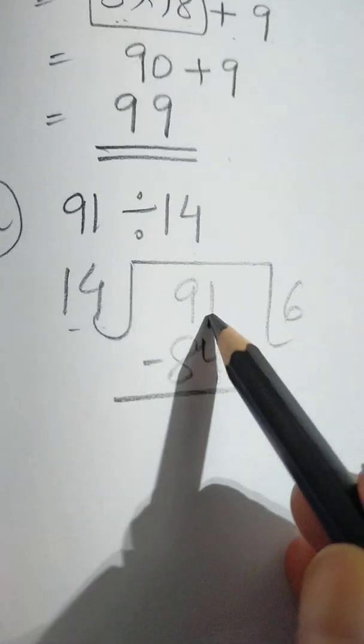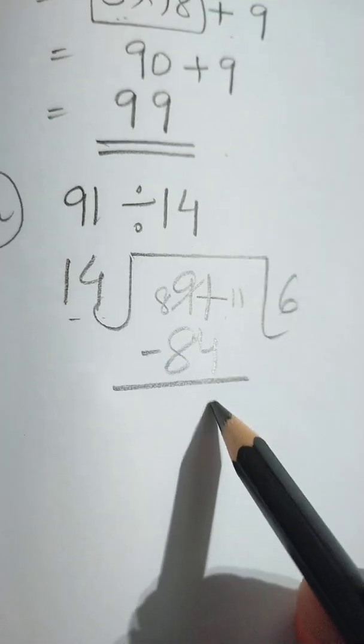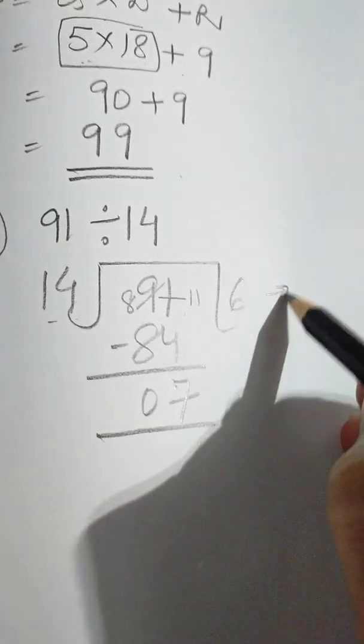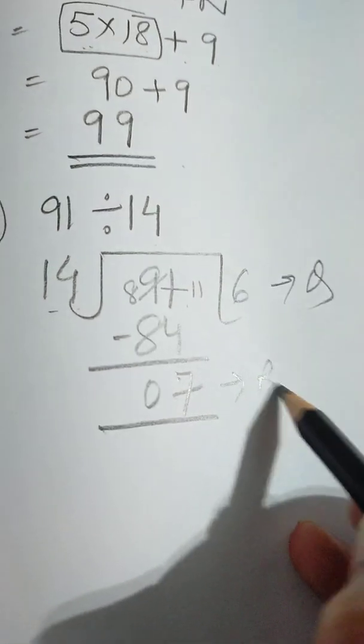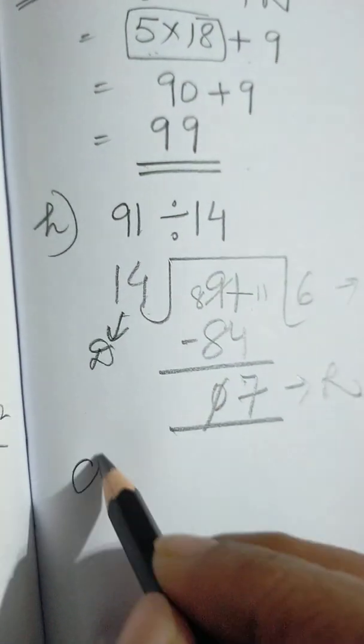We will do subtraction. It will become 11 and here we leave 8. 11 minus 4, 7, and here is 0. We will draw the ending line. This is the quotient, this is the remainder, this is the divisor. Now we will check our sum.